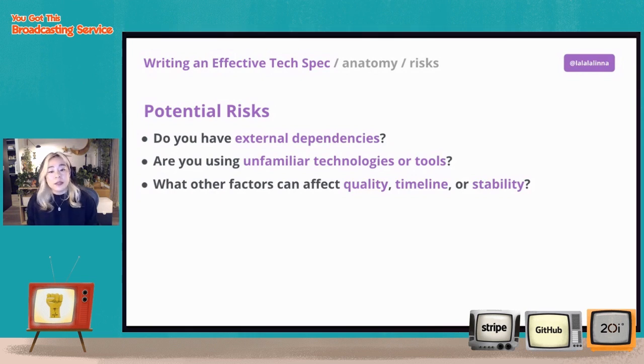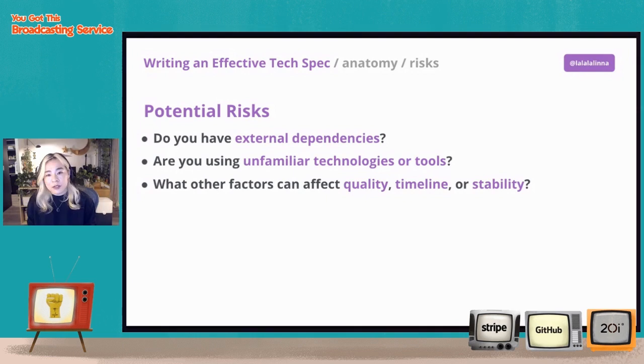And are you using unfamiliar technologies or tools? Because a lot of times that's going to have some sort of learning curve. And that might end up taking more time, or you might just realize that a tool doesn't fit what you were actually trying to do.